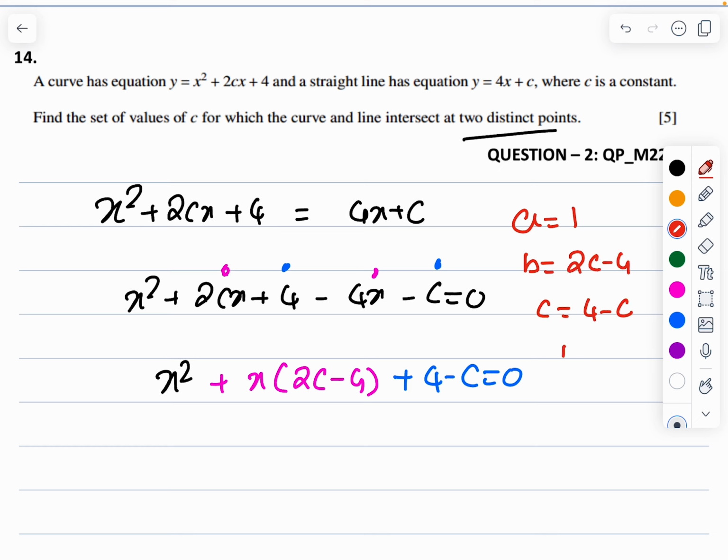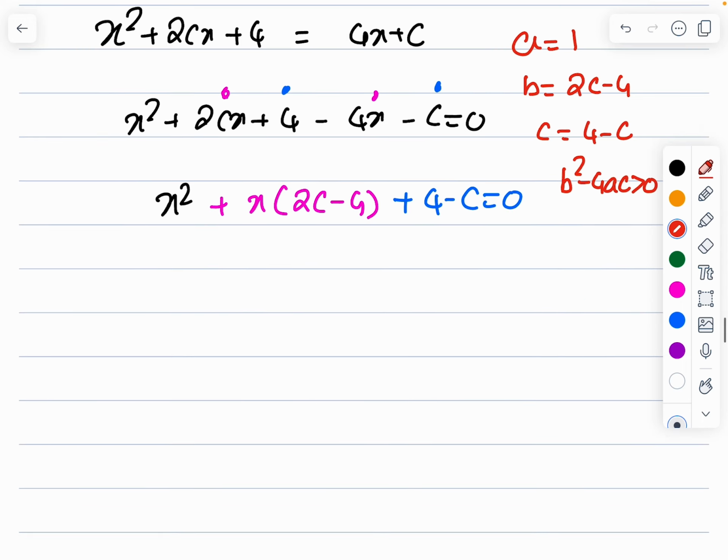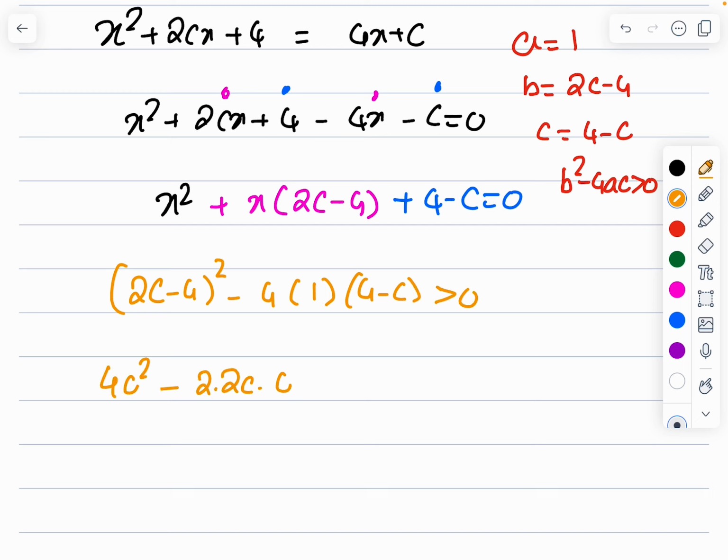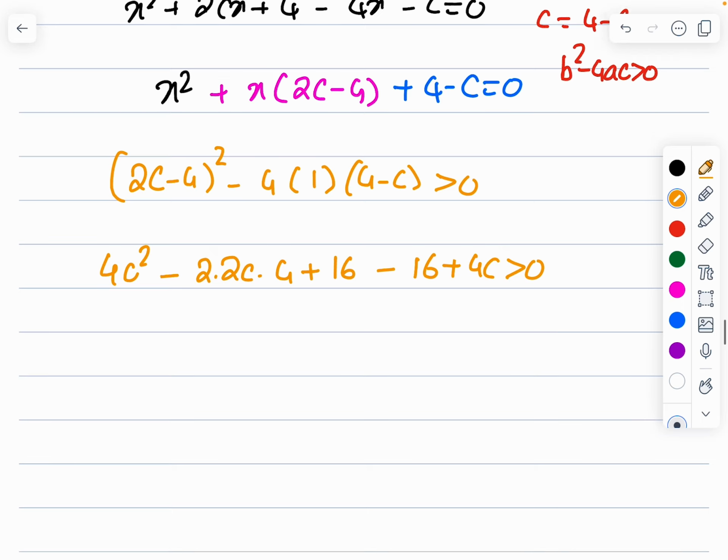They intersect at 2 points, means b square minus 4ac is greater than 0. So 2c minus 4 whole square minus 4 times 1 times 4 minus c is greater than 0. 4c square minus 2 times 2c times 4 plus 16 minus 16 plus 4c is greater than 0.